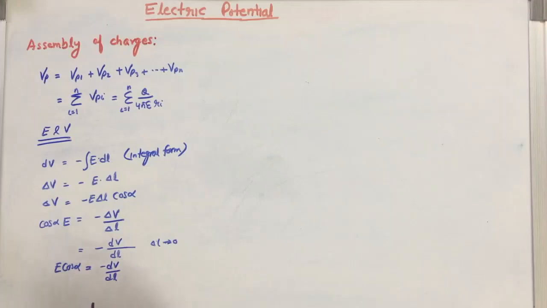This will be maximum when alpha is 180 degrees. So when alpha is equal to 180 degrees, then dV over dl will be maximum.